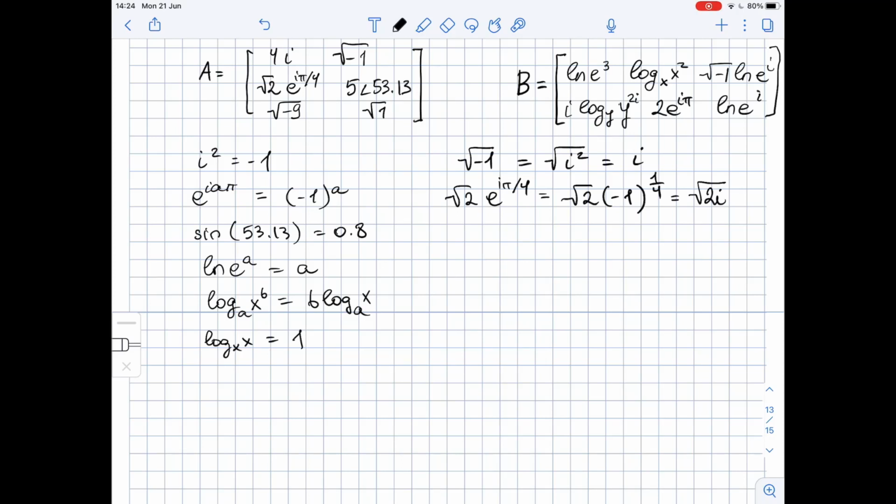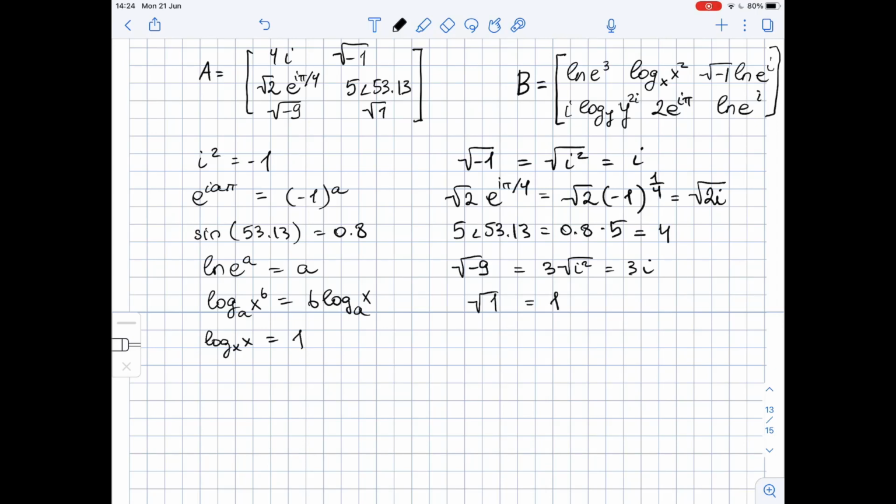We also know that 5 times sine of 53.13 equals 4, because it's 0.8 times 5, so it's 4. We also know that the square root of -9 equals 3 times the square root of i squared, so just 3i, and the square root of 1 equals 1.